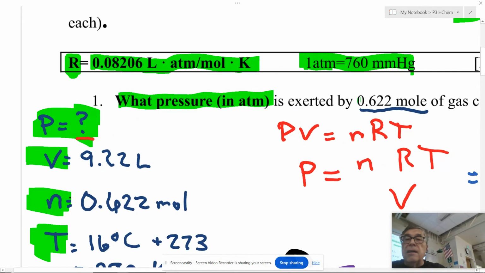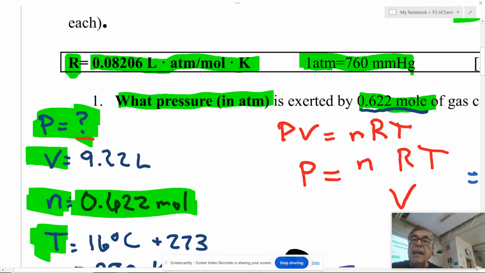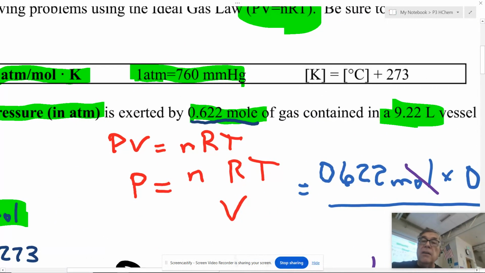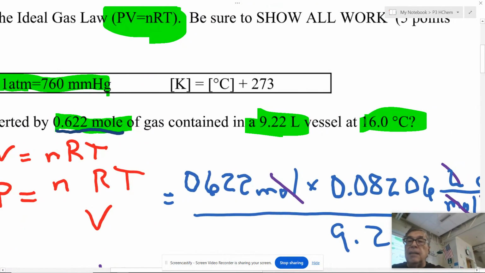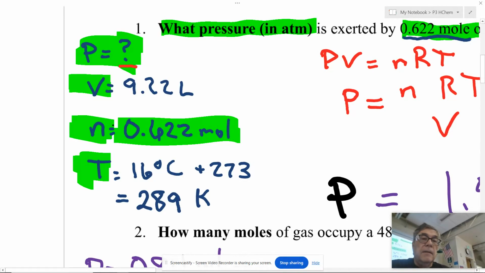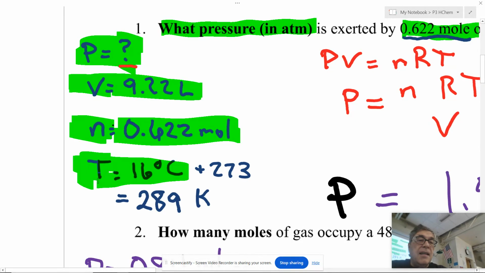I see here 0.622 moles. So we put that in, 9.22 liters, and 16 degrees Celsius. We put those numbers here. 9.22 liters, 16 Celsius though. You know you can't use Celsius.